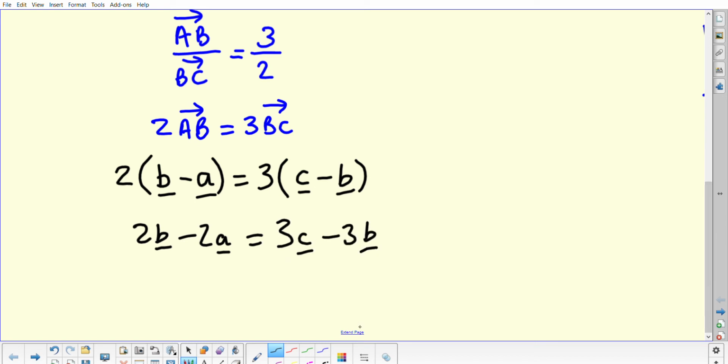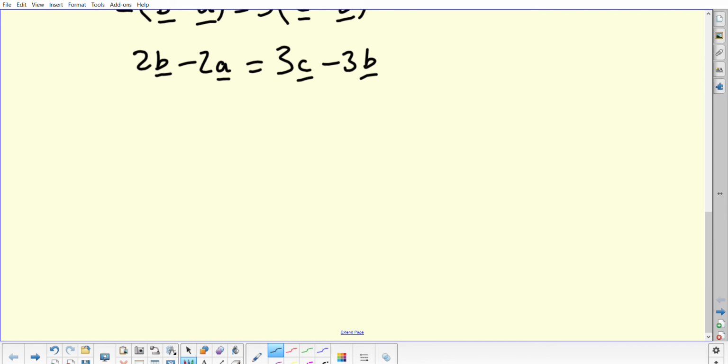Now it's the C that we would like to find the position vector of, because if we get the position vector, we'll then be able to get the coordinates of the point. So ideally, if we isolate that 3C term there, so if we take that 3B across to the other side, we get 5B minus 2A is equal to 3C.